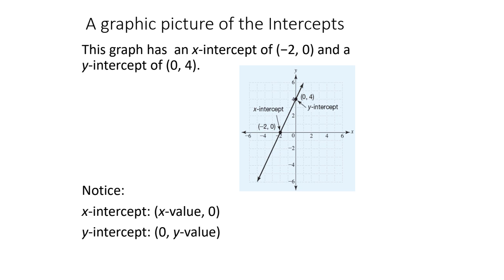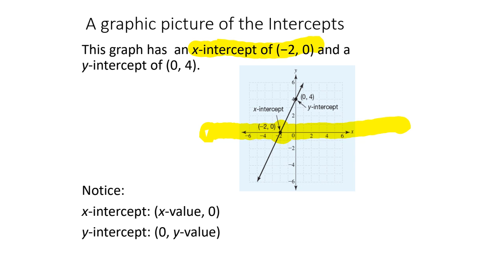Okay, I'm going to blow it up a little bit. Now, notice how I labeled 2 points. This X-intercept is -2, 0. Notice it's on this yellow line.